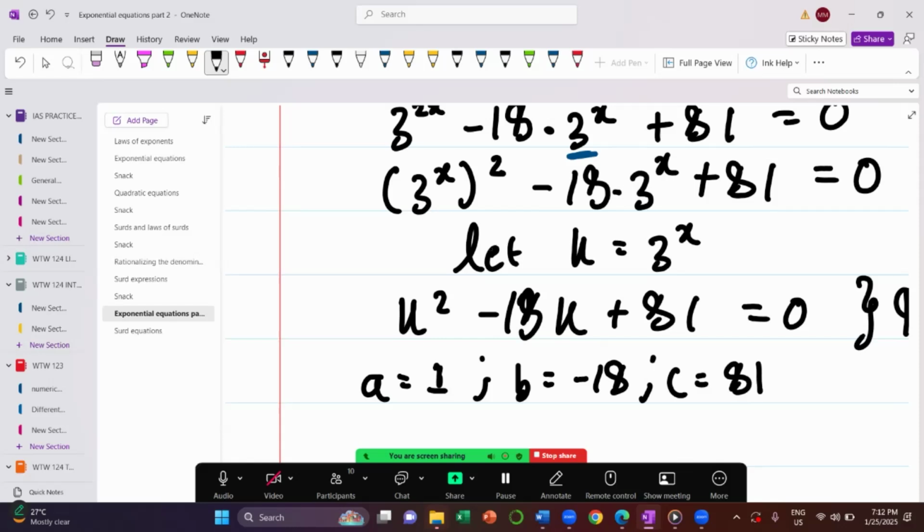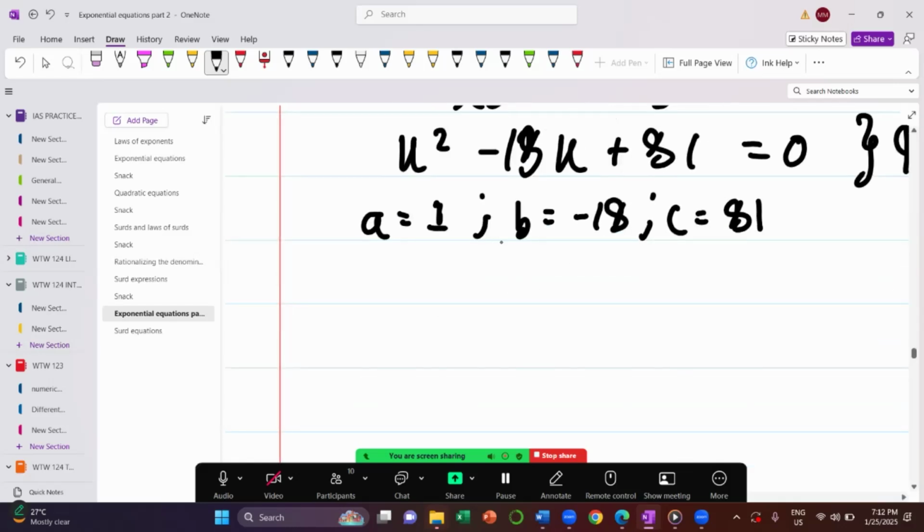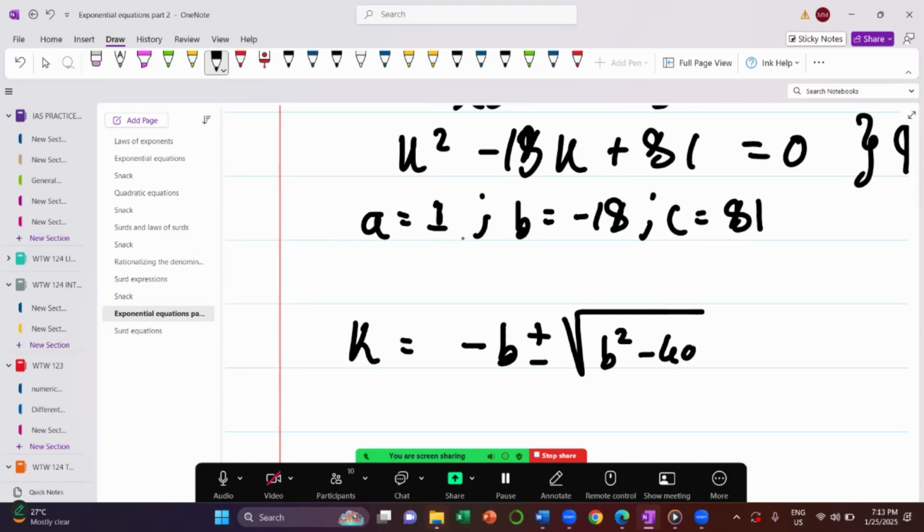Okay. So now remember, knowing the quadratic formula by heart, am I going to say x or am I going to say k? You're gonna say k. So I'm going to have k equal to negative b plus or minus the square root of b squared minus 4ac, all over 2a, right?